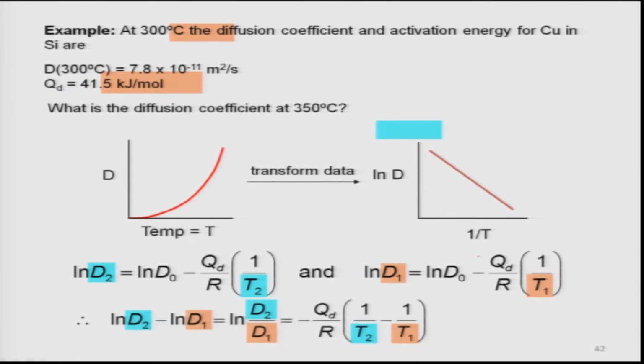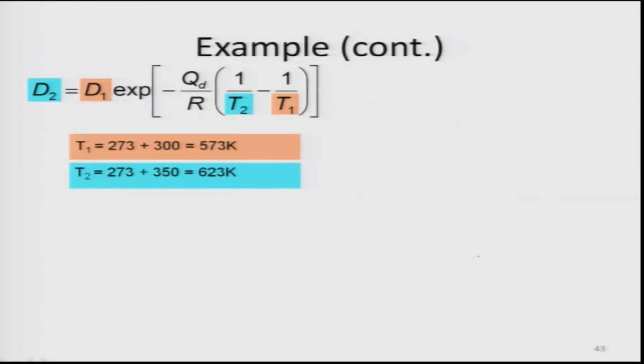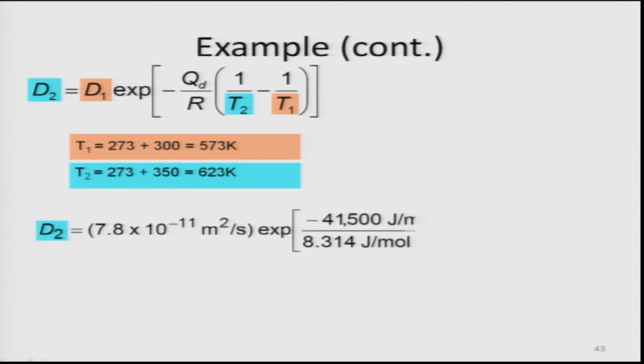You can do the math very easily; temperatures must be converted, and D2 is basically 7.8 times 10 to the minus 11 multiplied by these terms. This is QD, this is R, and this is the temperature difference.